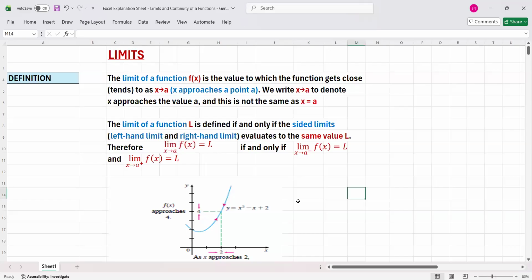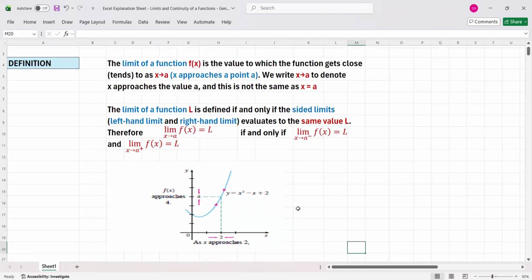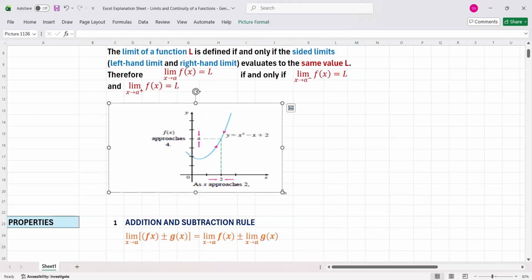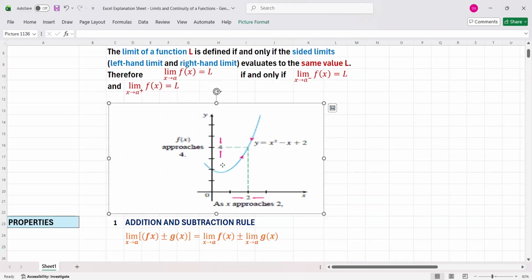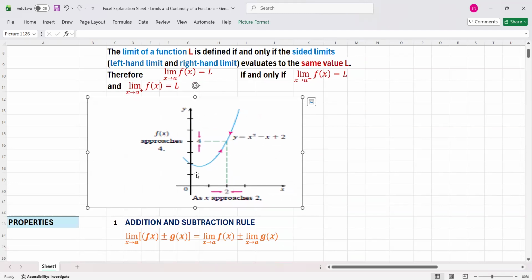Okay, so diagrammatically, what we have here is that if you look at this figure, I don't know whether it's clear on your screen, we plotted a graph. We are saying that if point 2, where the point 2 is on the x-axis, we want to find the limit as x approaches 2. So if we claim that the limit as x approaches 2 is equal to 4, then we are going to look at as we approach from the left-hand side of 2, and then from the right-hand side of 2.